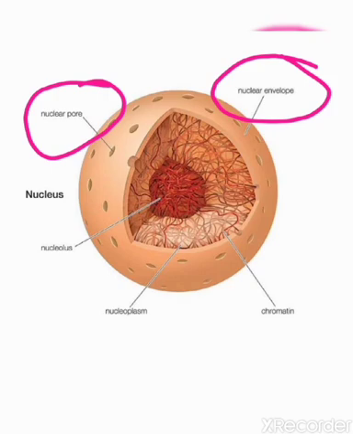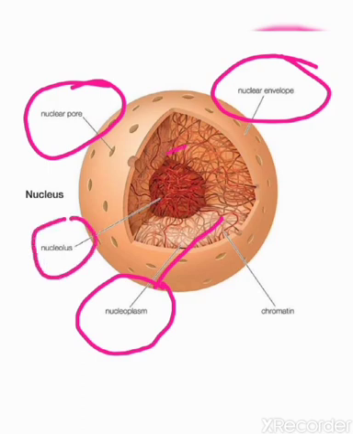Inside the nucleus, a semi-solid substance is present, which is known as nucleoplasm. Students, you can see a round shaped structure in the nucleus, which is known as the nucleolus, and the plural form of nucleolus is nucleoli.